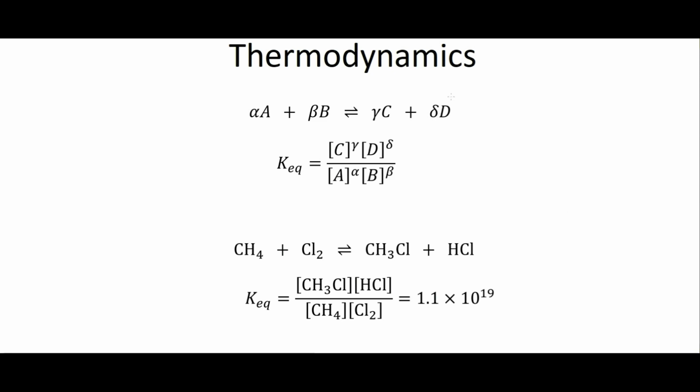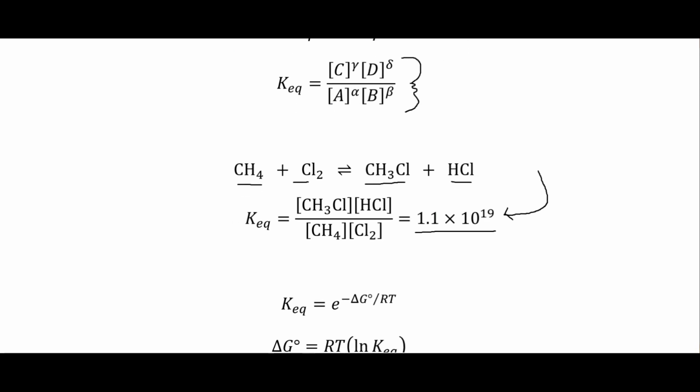And so remember, we have our reaction here, and this is our equilibrium expression for it. And so for this example, we have our CH4 plus Cl2 going to CH3Cl and HCl, and this is actually our equilibrium for it. And we see this is a very large KEQ, and so this is a very favorable reaction.